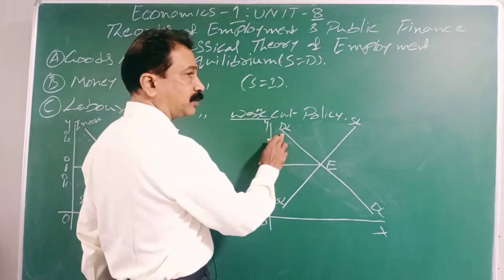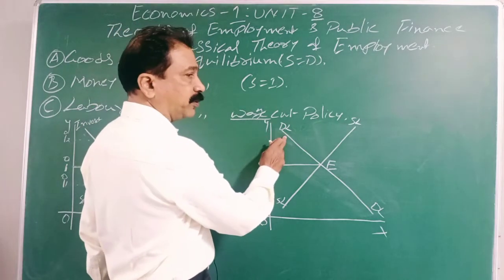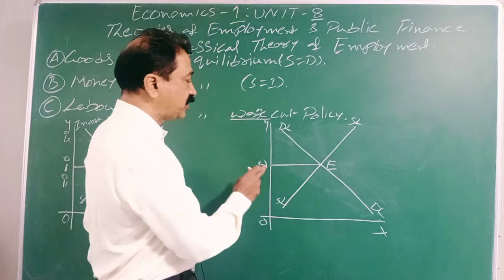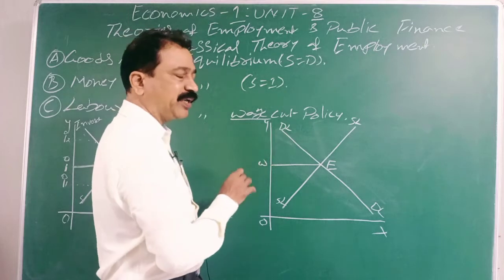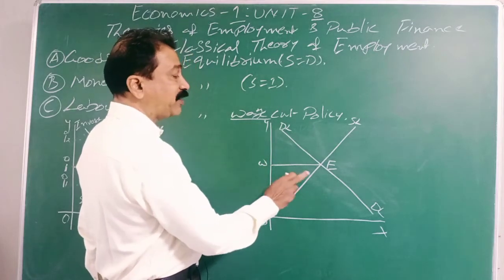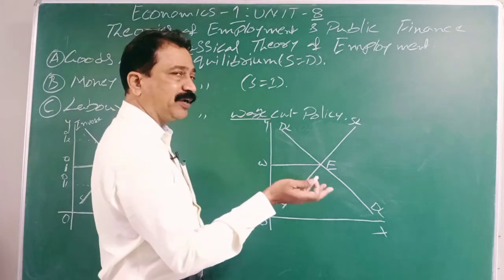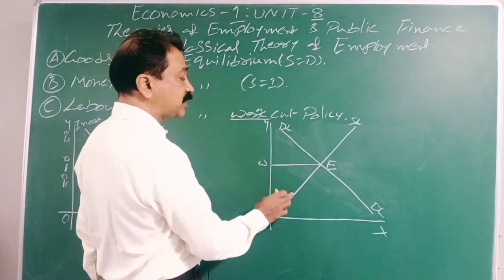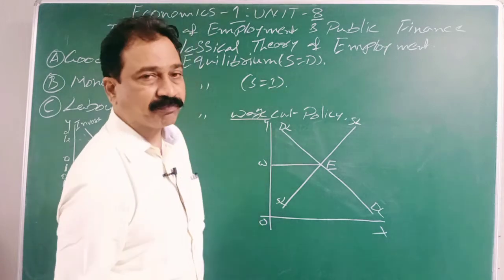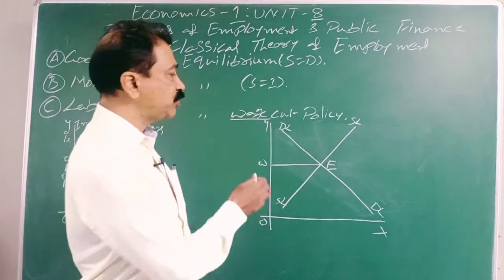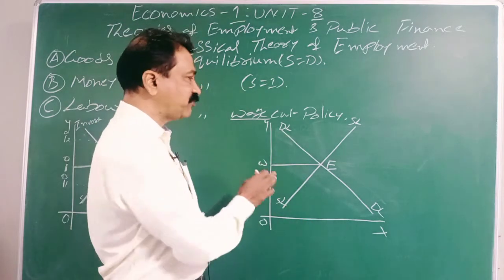Demand for labor is always inverse with the wages. Means wage increases, demand for labor decreases. Wage decreases, demand for labor increases. But supply of labor has a different relation. If wage increases, supply of labor increases. If wage decreases, supply of labor decreases. So supply of labor has a positive relation with wage. Demand for labor has an inverse relation with wage.